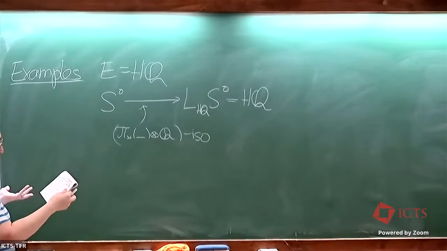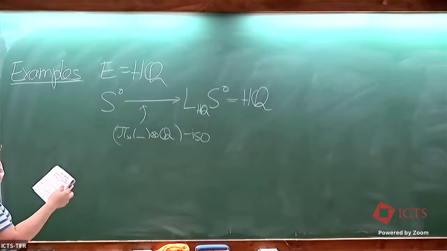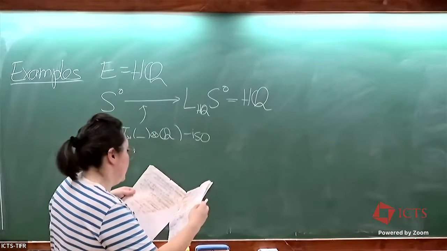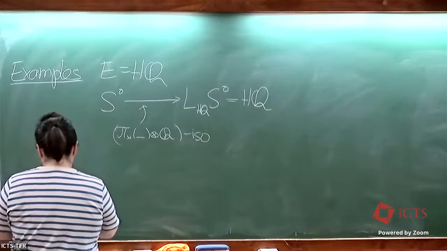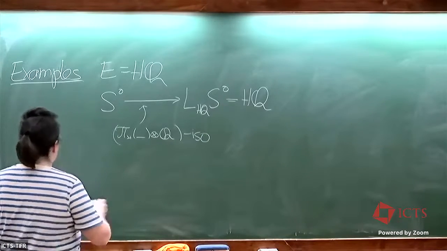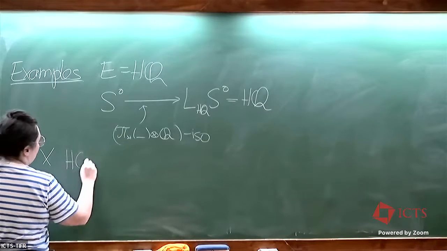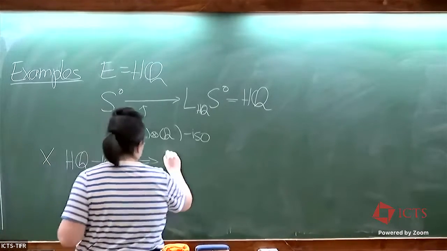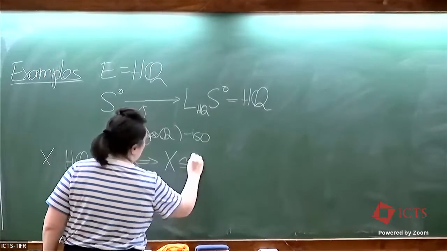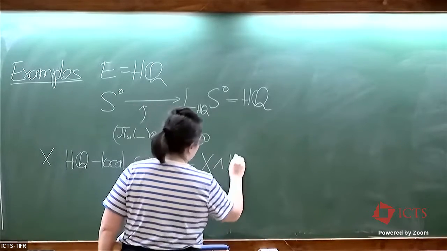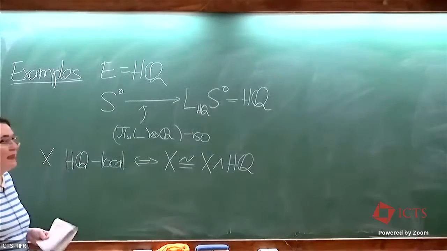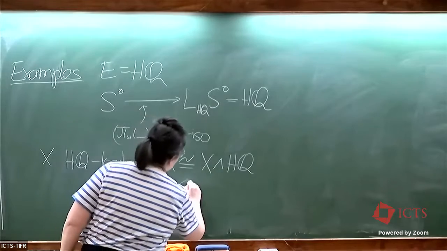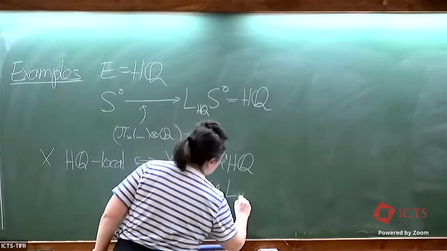And in general, plugging that into the definition gives you that this is true for general objects. So the spectrum X is HQ local if and only if X is isomorphic or weakly equivalent to smashing it with HQ, which also, by what I just wrote, is smashing it with the Q local sphere.